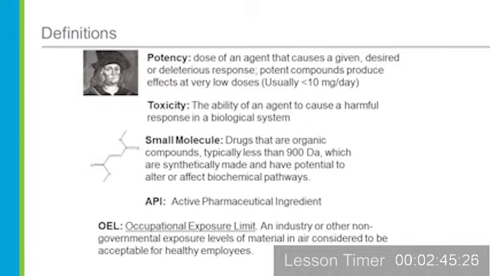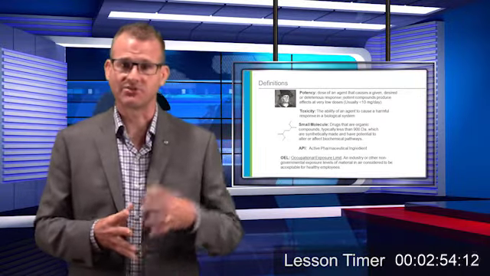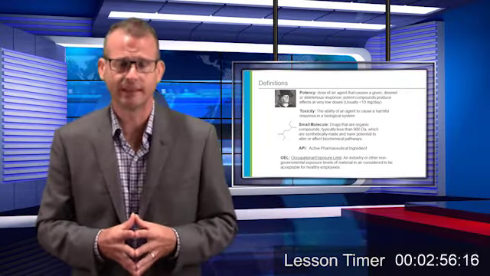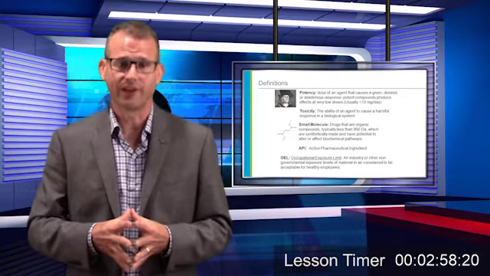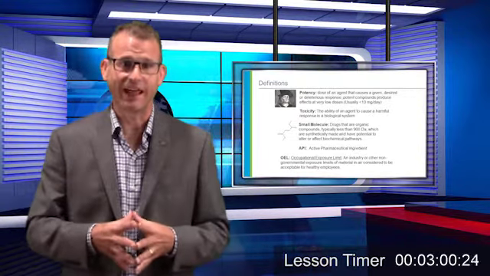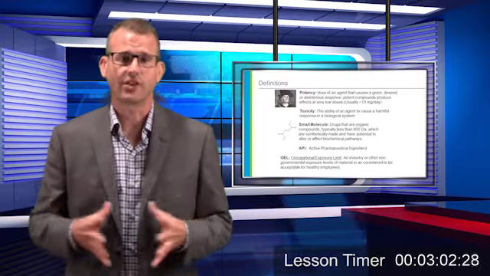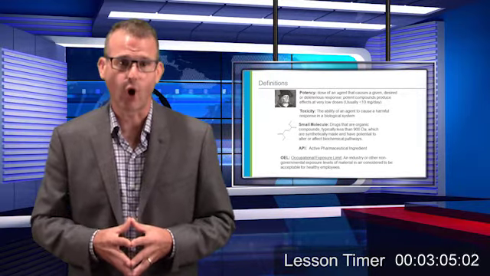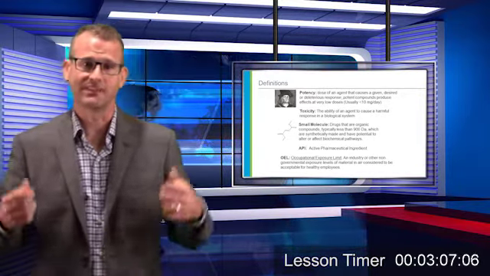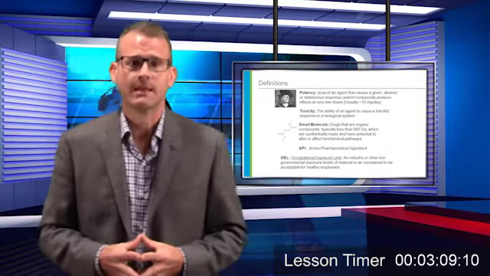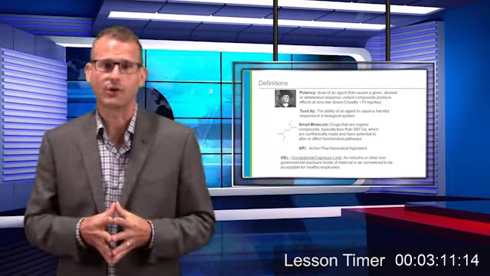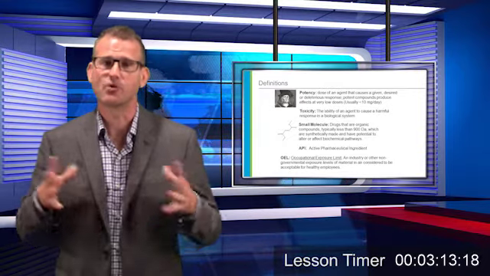Some are set by governments, like the central government of China, which calls them MACs, or maximum allowable concentration limits. Some are set by professional associations, like the American Conference of Governmental Industrial Hygienists, the ACGIH. And certainly there are pharma companies that have developed their own exposure limits for the compounds they work with and produce. We're going to cover all of those that apply to our situation in more detail a bit later on.